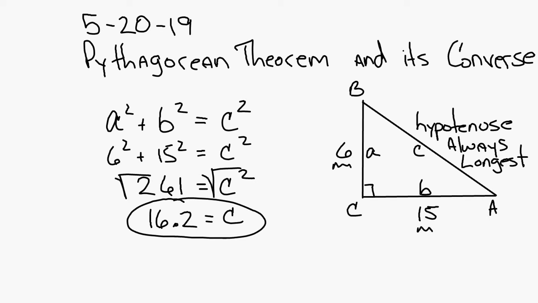And just a quick self-check is that the hypotenuse is always the longest side, and the value we just got for the hypotenuse is longer than the 15 and the 6, so you probably did everything right. Clear?